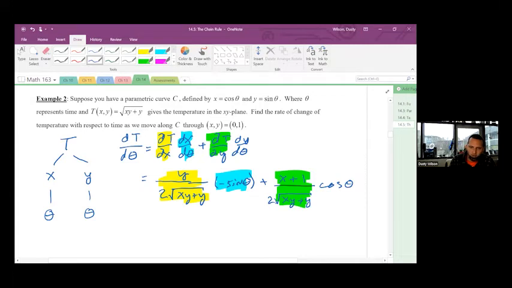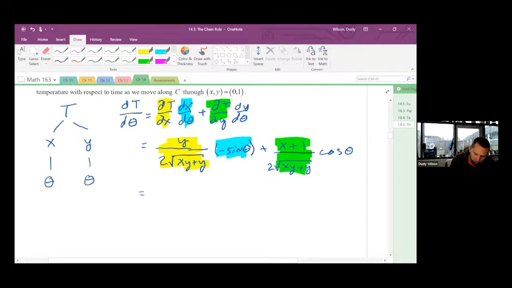So if we put all this stuff together, it looks like we have a common denominator, which is going to be 2 times the square root of sine theta cosine theta plus our y, which will be sine theta.